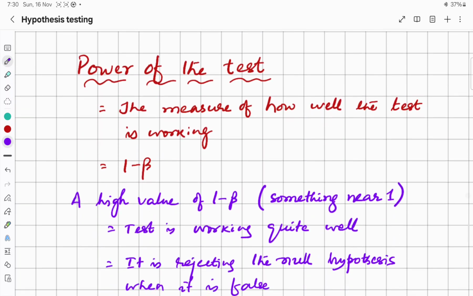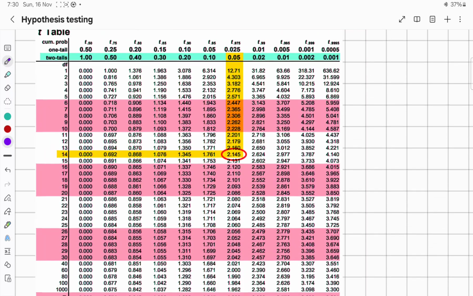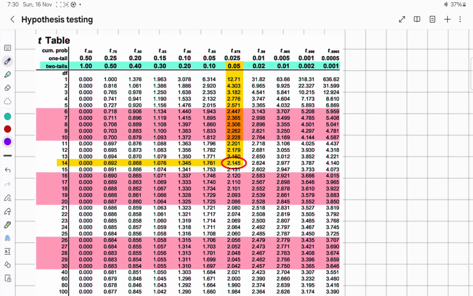So you can see, suppose in a t table, this is for one tail it is 0.025 and for two tails 0.05. So we can see this, and p less than 0.01, this is p less than 0.001.